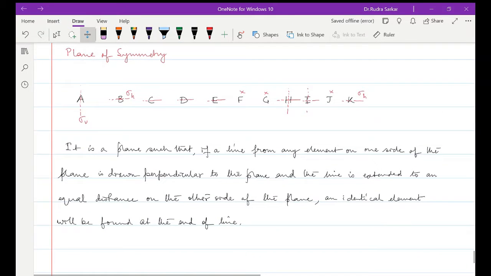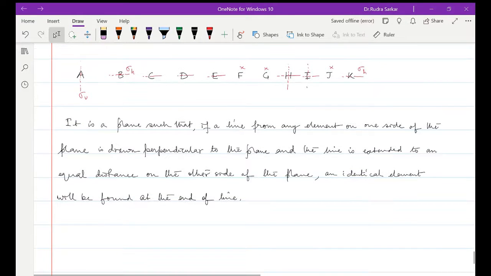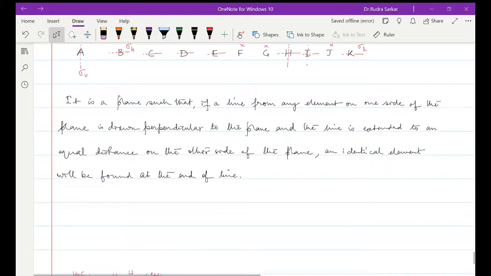So that would be the perfect definition of a plane of symmetry. Or to put it more simply, we can say one half of the molecule is the mirror image of the other half, and the plane of symmetry is the plane of the imaginary mirror.